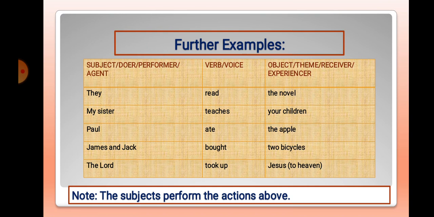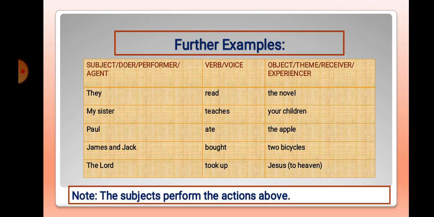Therefore, we have the entities or experiencers or the objects that are receiving the actions of the subjects. They are on the right side of the table. So we have the novel, your children, the apple, two bicycles, Jesus. All these sentences are examples of active sentences or active voice.